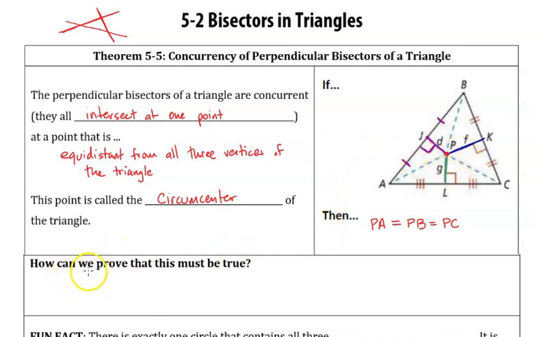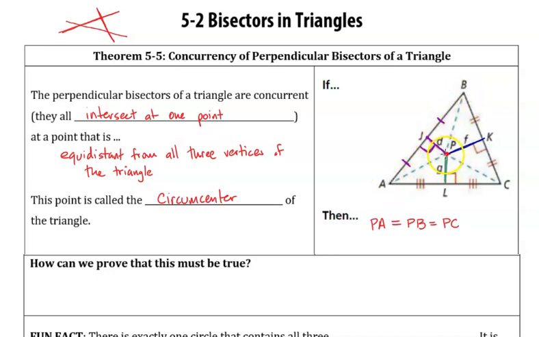Now, I've got a question here that says, how can we prove that this must be true? How can we prove that point P is the same distance away from all three corners? Well, it goes back to something we learned in the previous section, that any point on the perpendicular bisector of a segment will be equidistant from the endpoints of that segment.